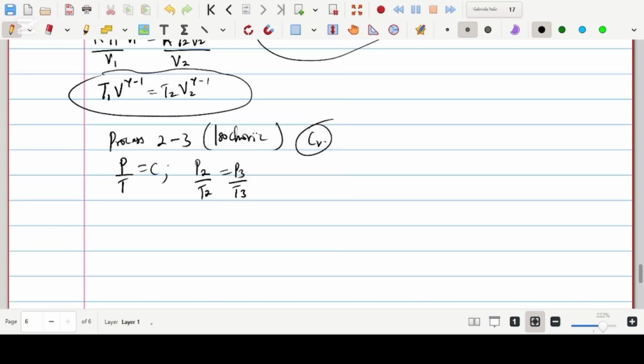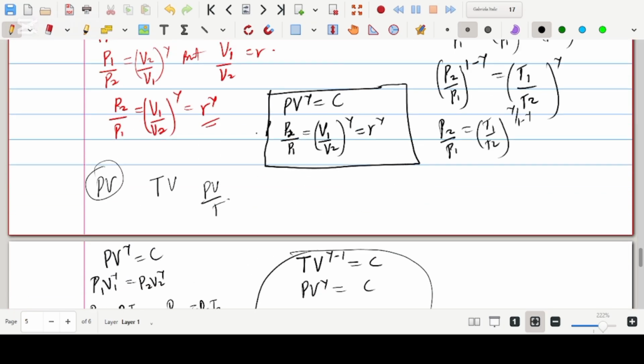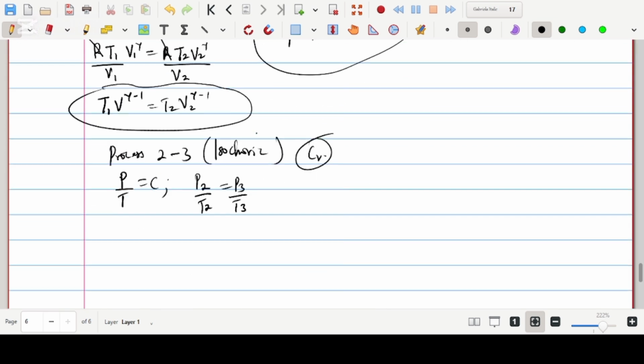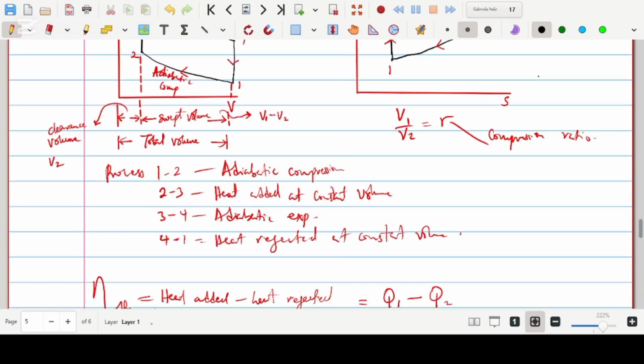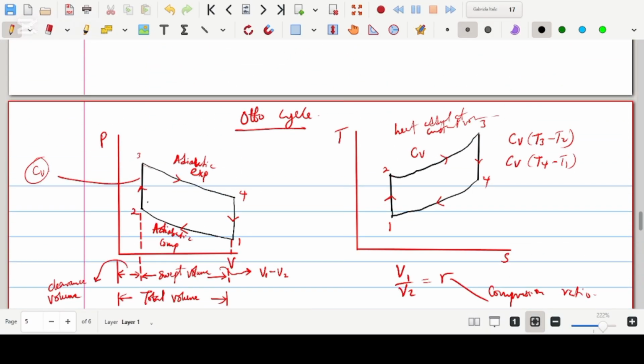The reason why we're having that is simply because normally it's supposed to be PV over T, 2, 2, 2 equals 3, 3, 3. But V2 is equal to V3. From here, you can see volume of 2 is the same thing as what? As 3. That's the reason.